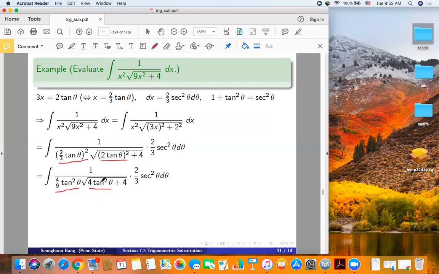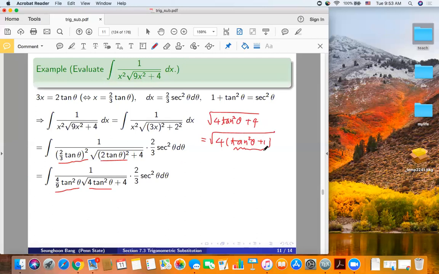So what is this form? 4 tan squared theta plus 4. Take out 4: 4 times tan squared theta plus 1. What is tangent squared of theta plus 1?